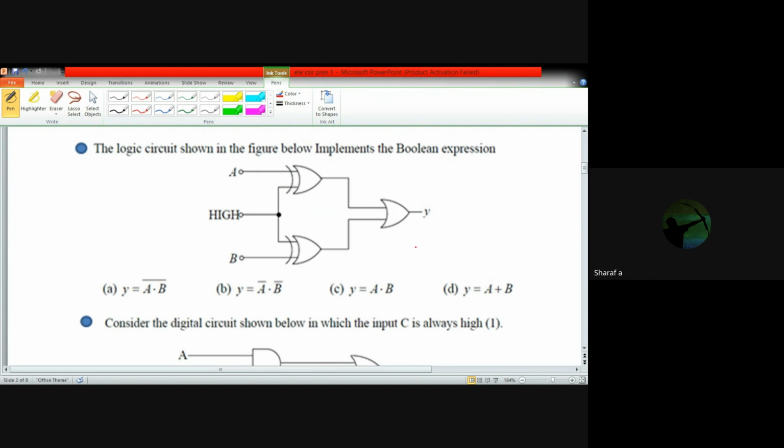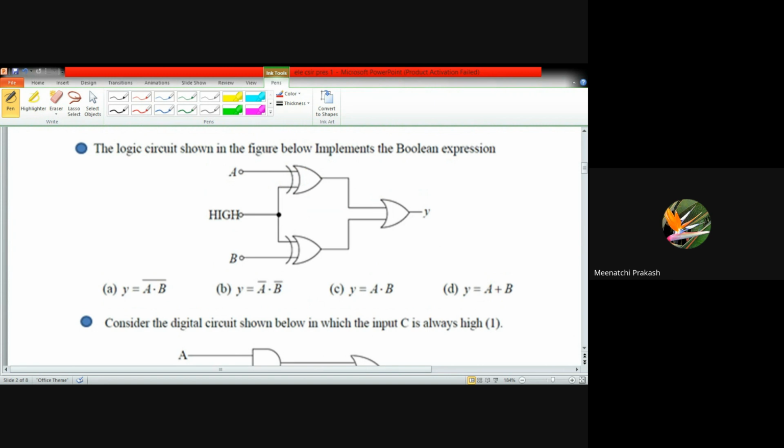Remember that all the questions which come from this logic circuit part, especially the logic gates part, will be very easy if you know how the logic gates work. First you have to understand which logic gates are used here.